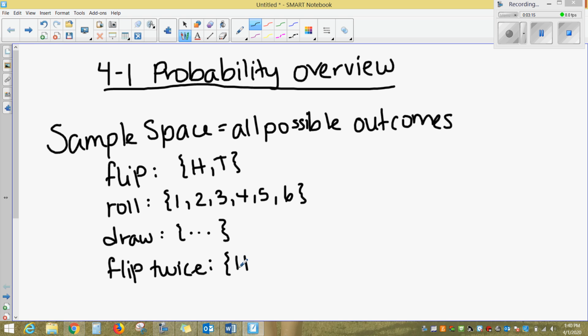I could flip a head and then another head. Or I could flip a head first and then a tail. Or maybe tails first and then a head. Or maybe both of those were tails. There are 4 things in my sample space there.